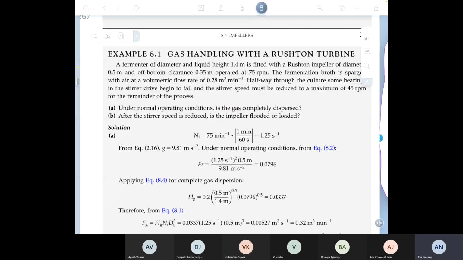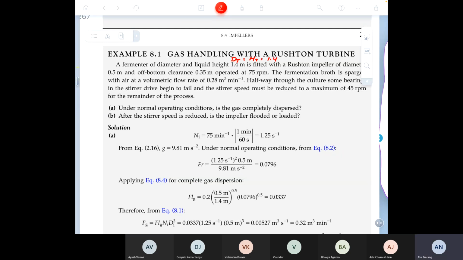So here is a practical use of this formula. They are giving you a fermenter of diameter and liquid height 1.4, that is, dt is equal to ht is equal to 1.4.